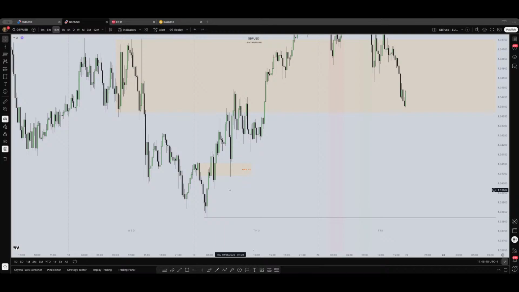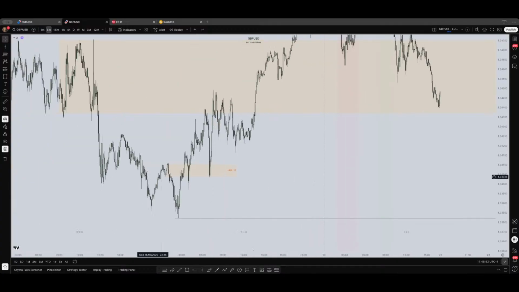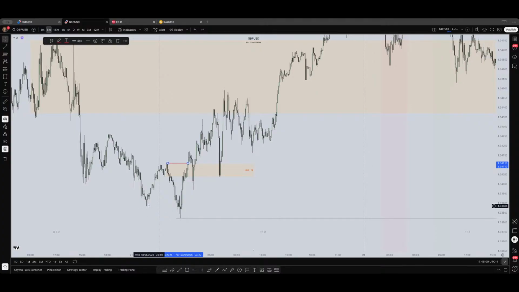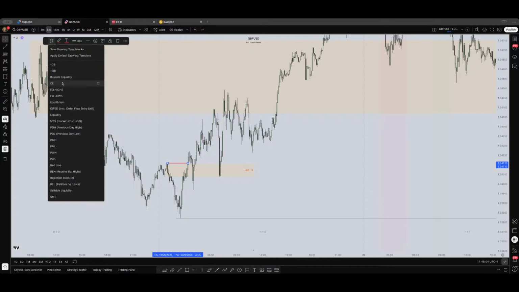So okay, price was already bullish. You can see market structure shift here. Price opens, went lower to the previous day liquidity, I mean this previous low liquidity. Make a market structure shift here.